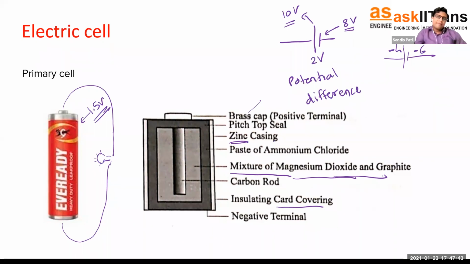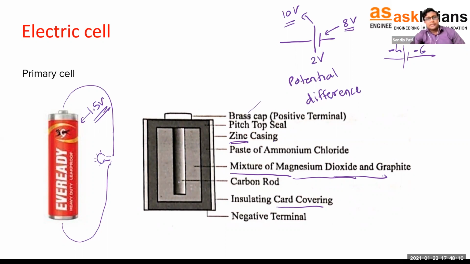Now when we say electrons are flowing from negative terminal to positive terminal, what is actually happening? This negative terminal should give you some electrons, obviously. So can I say that this negative terminal will already have extra electrons compared to this carbon rod? So can I say the carbon rod will have some positive charge? Yes, we can say that.